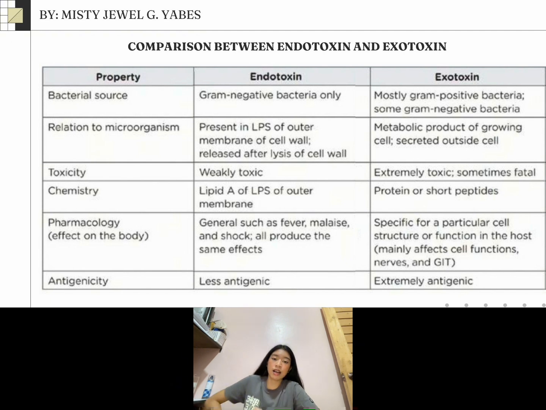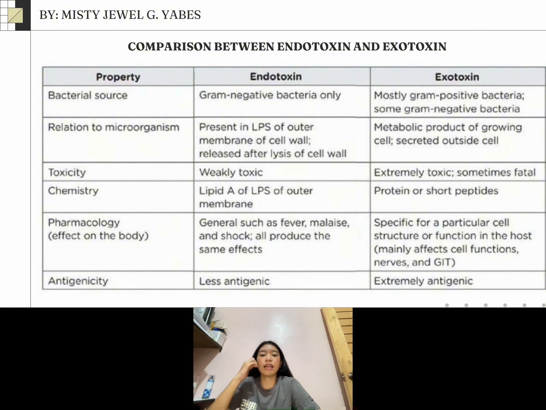Next naman is ang ating exotoxin, in which ito ay specific sa ating particular cell structures or functions in the host. Mainly, inaapektuhan nito ang ating cell functions, ang nerve, at ang ating GIT or ang gastrointestinal tract. Okay, so next naman is sa antigenicity.